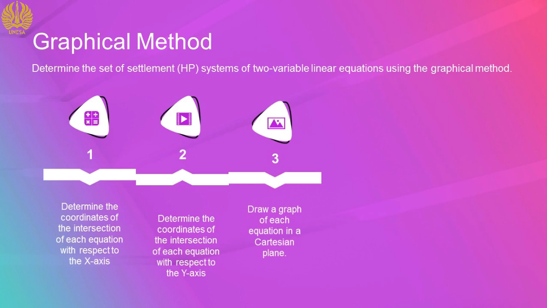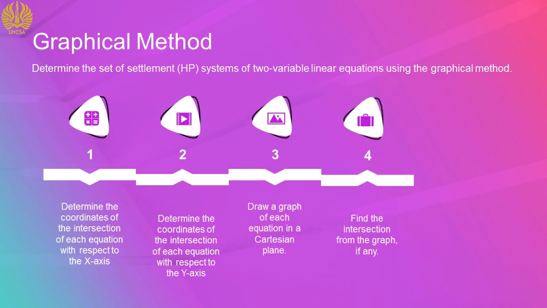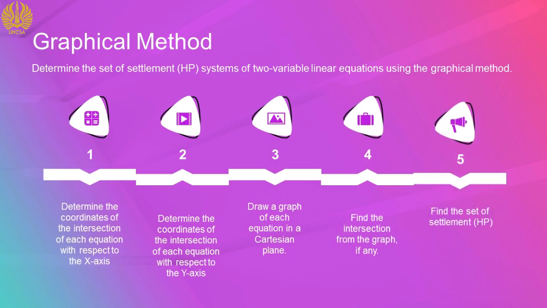The third is draw a graph of each equation in a Cartesian plane. You have learned about how to draw in the Cartesian plane, right? In the previous meeting. Now, the fourth step is find the intersection from the graph, if any. And then the last is find the set of settlement or HP.